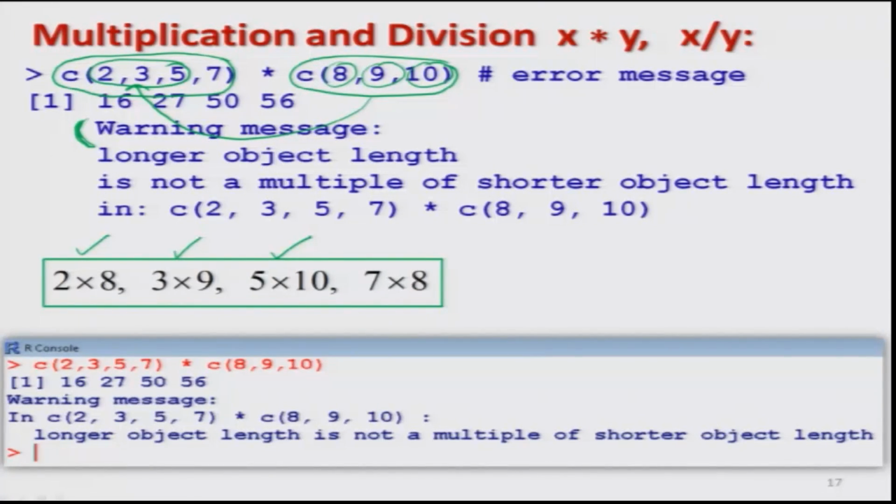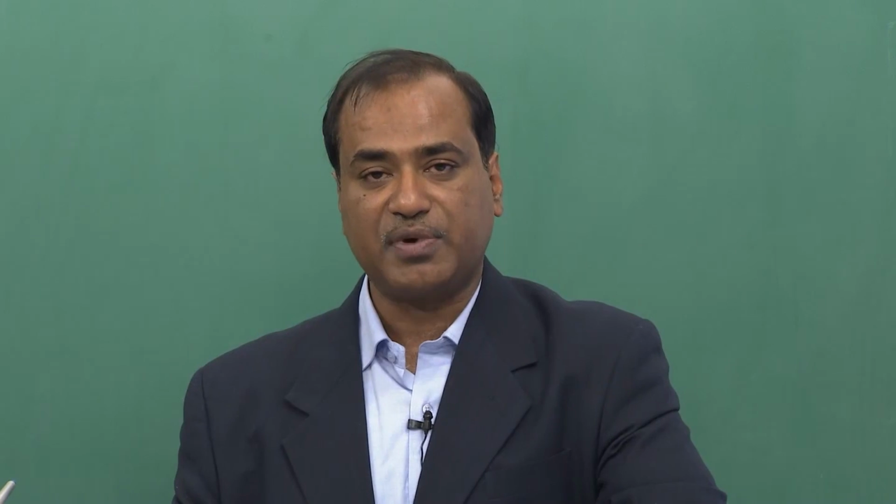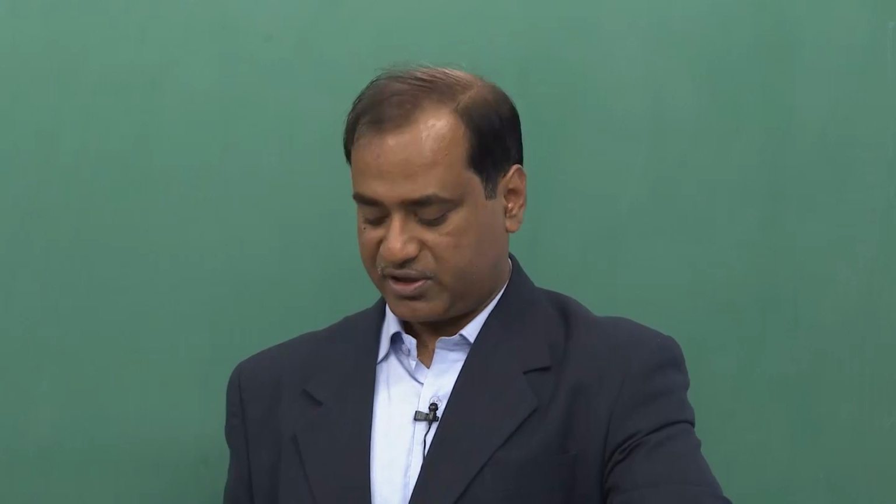Now, when this operation comes again over the next set of values, there is only one value which is 7, and 7 is being multiplied by the first element 8. But there is no value which can be multiplied by 9, and there is no value which can be multiplied by 10, and that is why we are getting a warning message. So, that is what we have to be careful about when we are trying to play with vectors and matrices.